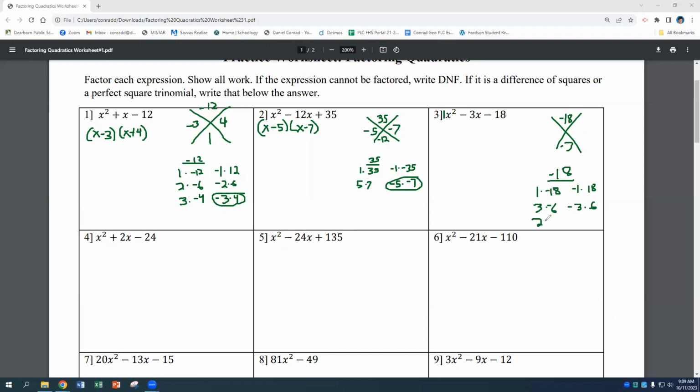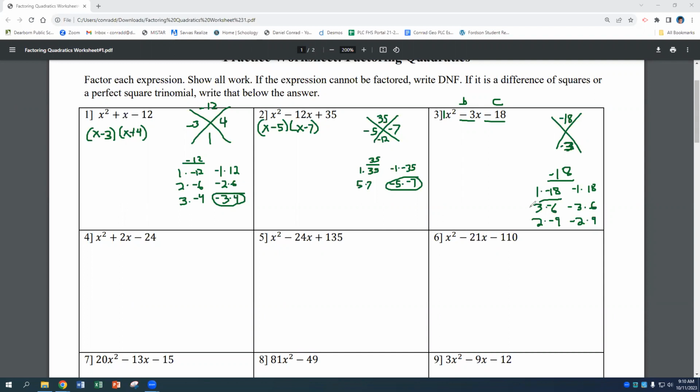It could also be 2 times -9, or -2 times 9. So we want them to add up to -3, the B number. The C goes on top, C and B. I'm sorry, multiply to C, add up to B.